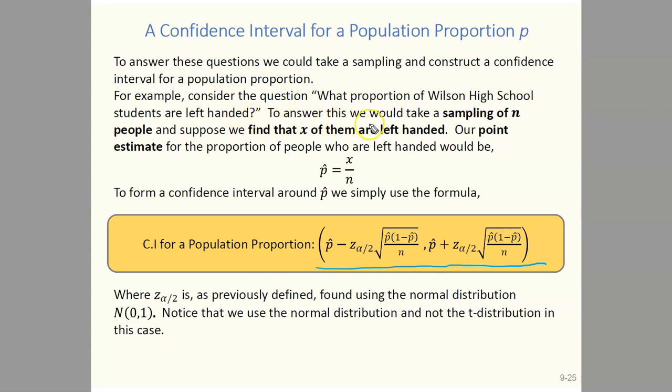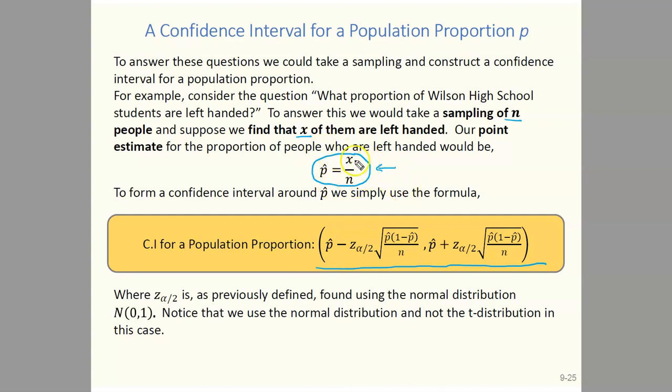So, to answer this question, you would want to construct a confidence interval. So you take a sampling, say it's of size n students, and suppose that you find x of them are left-handed. Then your point estimate for the population proportion of left-handed students would be this right here. Notice we use the notation p hat, so that's going to be x divided by n. That is your sample proportion right here.